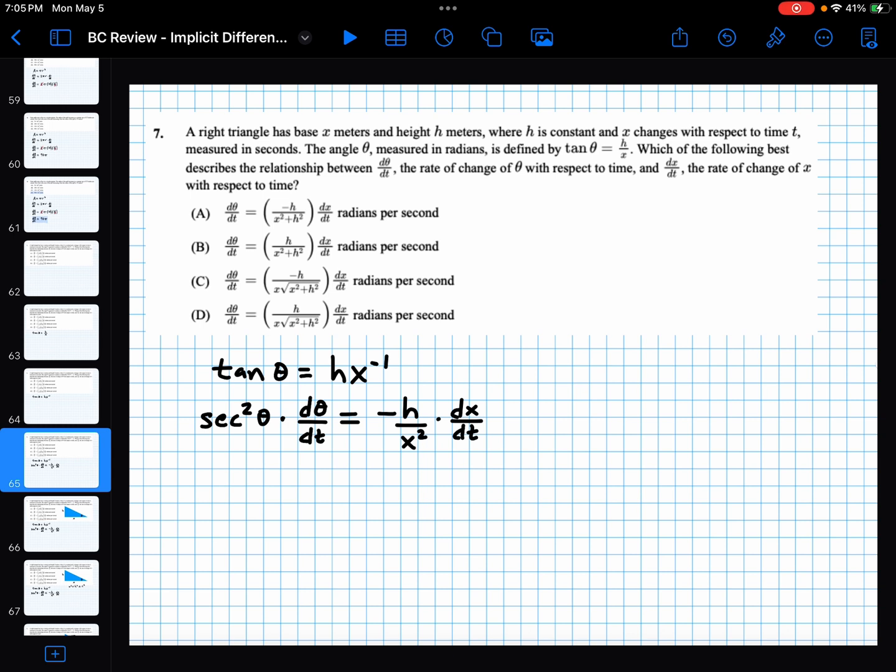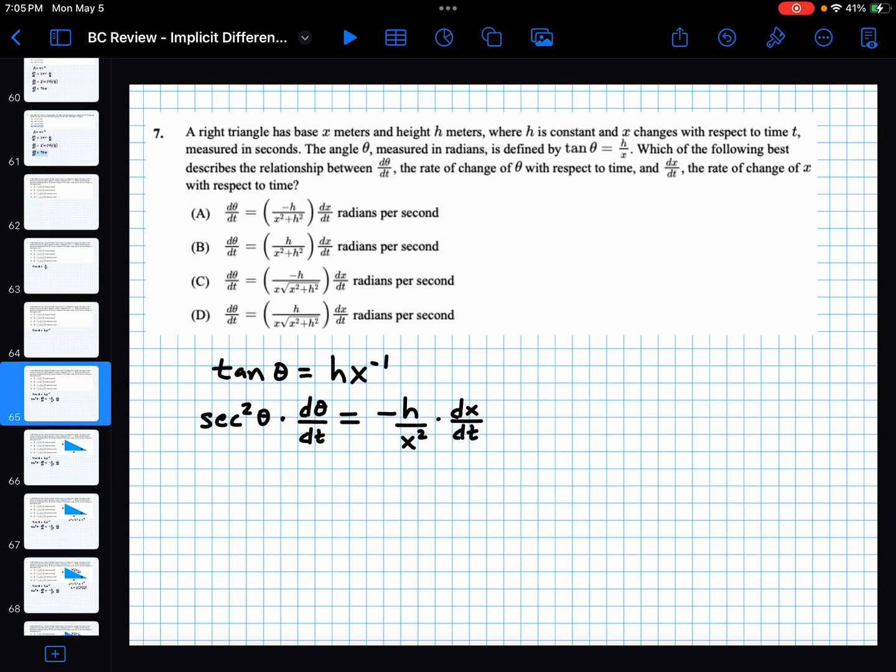Now this is all well and good, but none of my answer choices have a secant squared in there if I were to divide both sides by that secant squared factor. So here's where the right triangle business comes in. I have to somehow replace secant squared with some other expression in terms of h and x, because that's what's in all the answer choices.